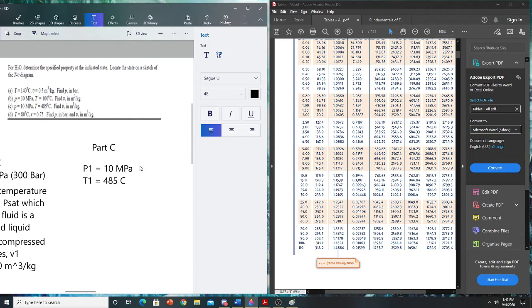Just to give a perspective on that, this right here is 10,000 kilopascals, right? 100 kilopascals is atmospheric pressure. So we are way higher than atmospheric pressure. We are high as can be. And 485 degrees Celsius is also very high.